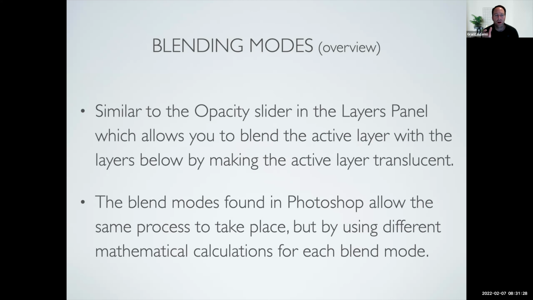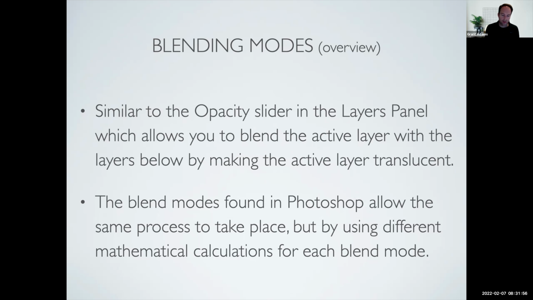Blending modes are basically how you apply layers to one another. And so I think the easiest way to explain this is if I were to do a drawing on a piece of paper, and then I took that piece of paper and I put a piece of trace paper over the top of it, and then I drew over the top of it, the drawing that I made on top of the tracing paper would affect what the overall drawing looks like.